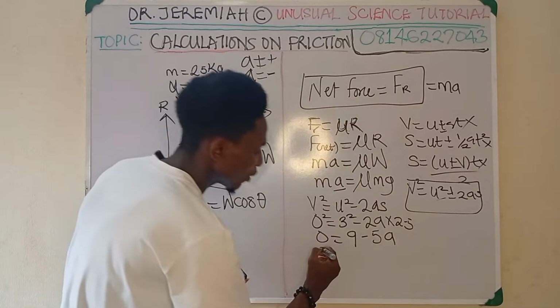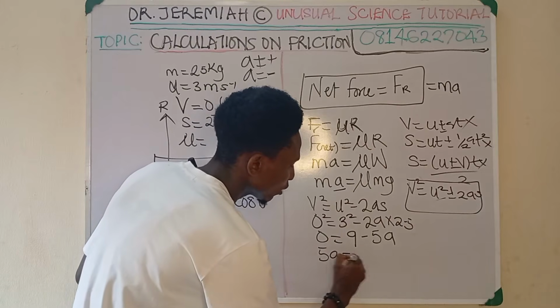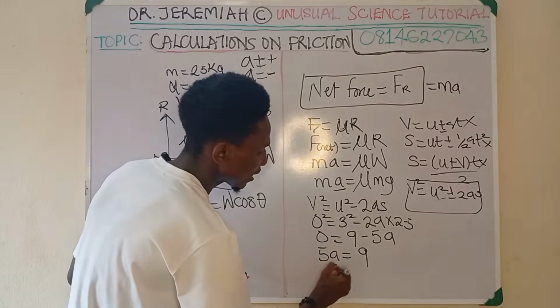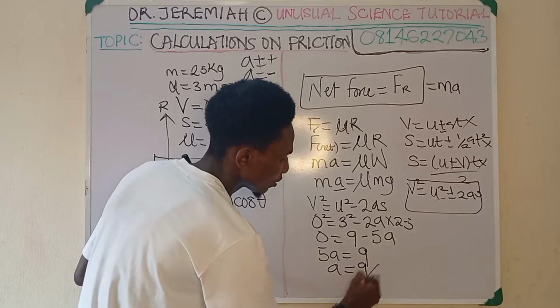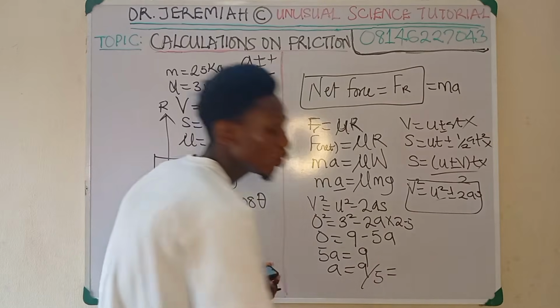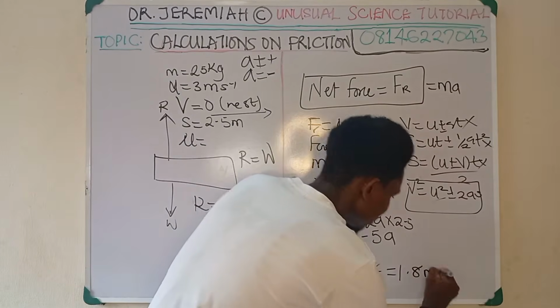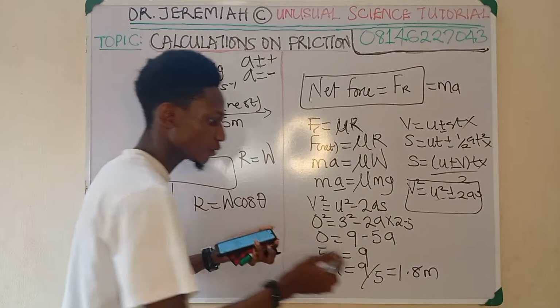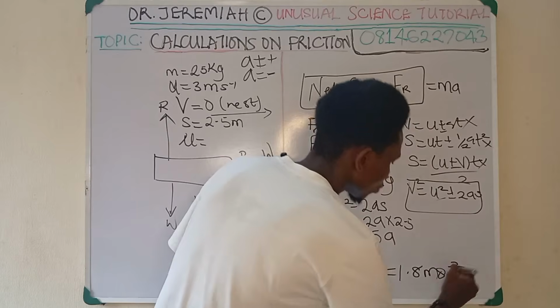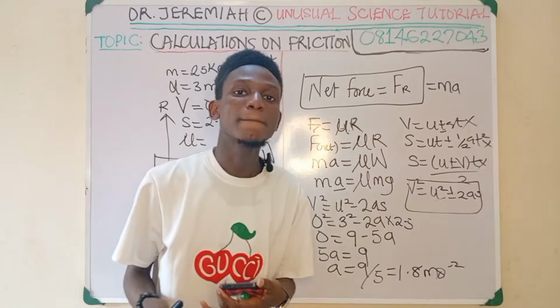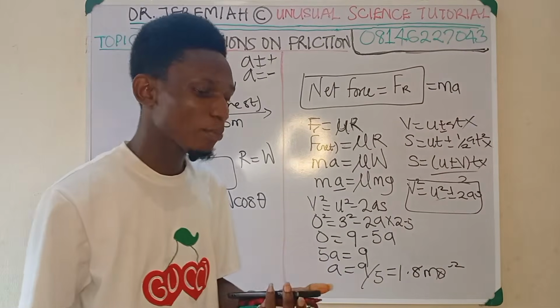Now if you bring 5a over, we get 5a equals 9. Making a the subject, we get 9 over 5. So from here, the acceleration is what? 1.8 meters per second squared. 9 divided by 5 is 1.8.